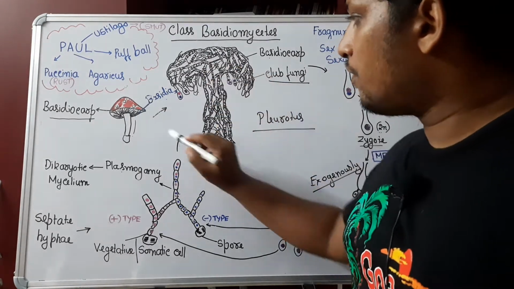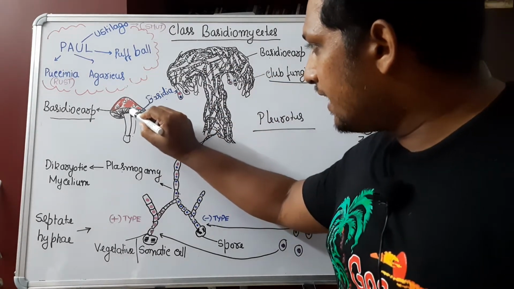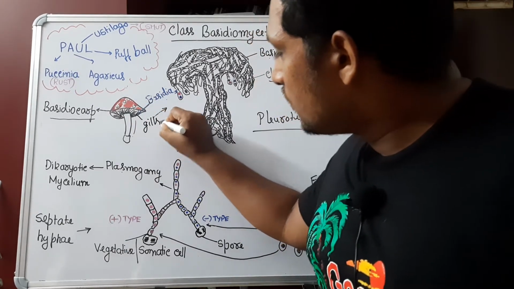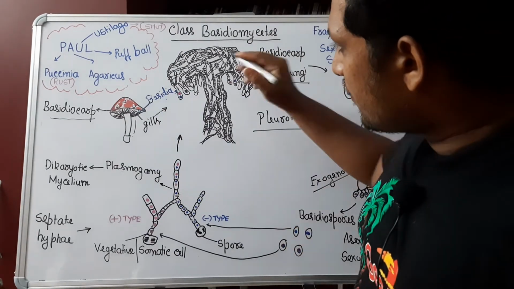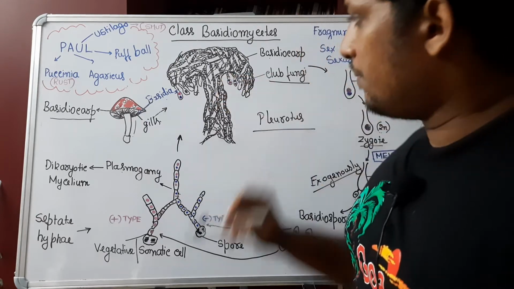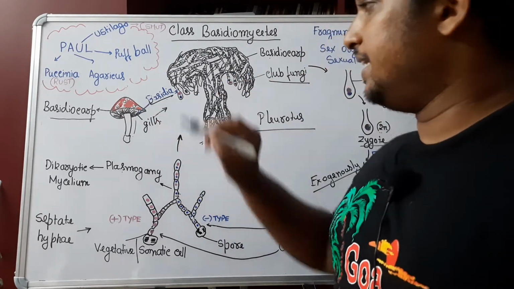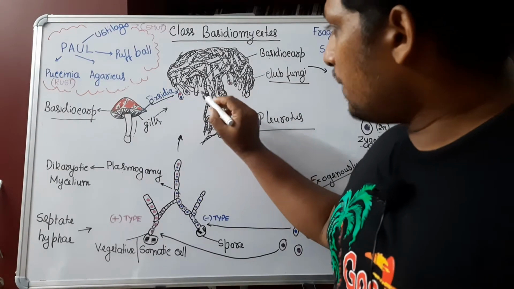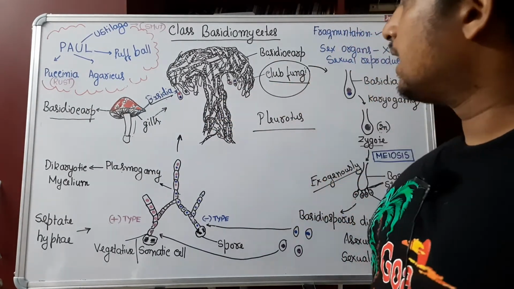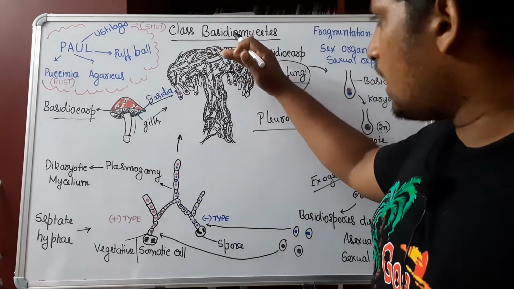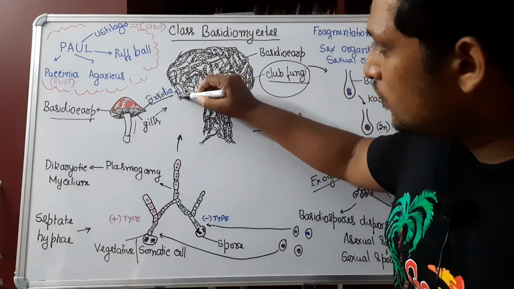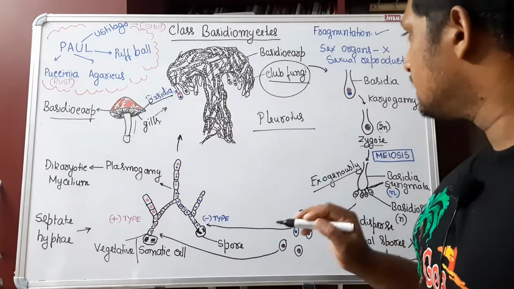Once the fruiting body is formed, beneath it they develop a structure known as gills, where the mycelium will produce a club shaped structure known as basidia. Since club shaped structures called basidia are produced, they are commonly called club fungi. Basidiocarp produces basidia.